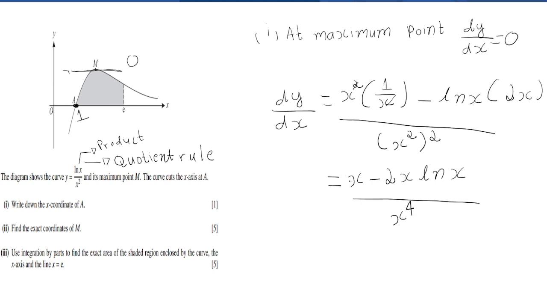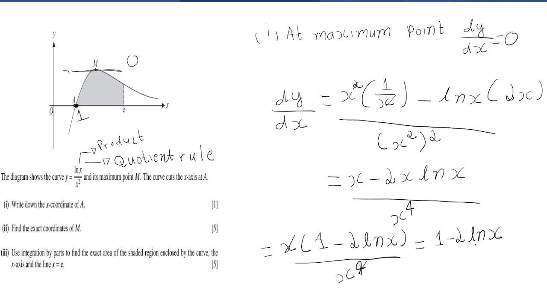If I see from above that x is coming out as common, so I'm going to get x times (1 minus 2 ln x) over x to the power 4. So this x and this x are going to get cancelled, and what I'm going to be left with is 1 minus 2 ln x over x cubed.